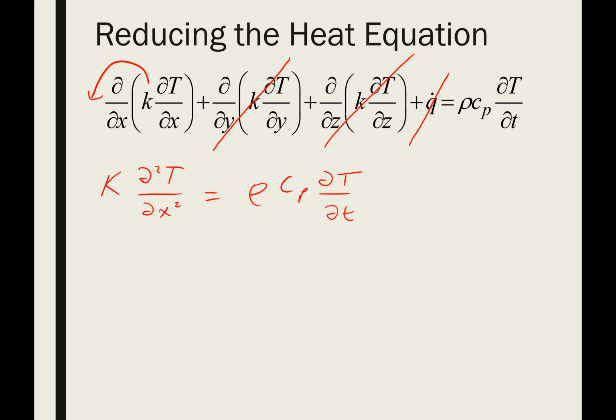So this is the equation that we're solving for a plane wall system where we care about how temperature changes with respect to x and how temperature changes with respect to time. So this is a partial differential equation because we have change in temperature with respect to two different variables.